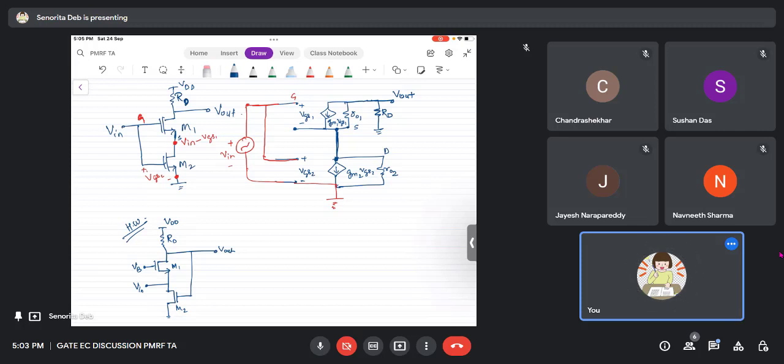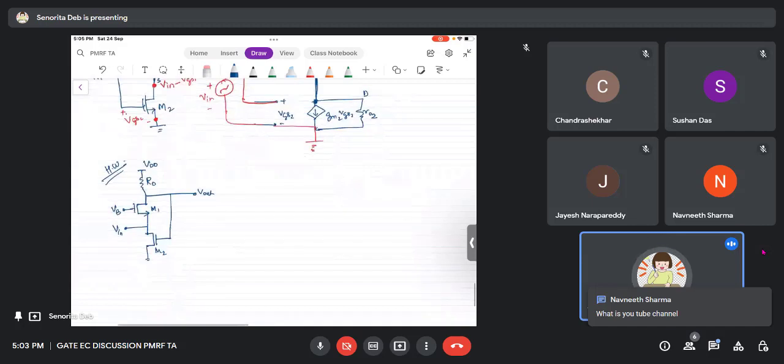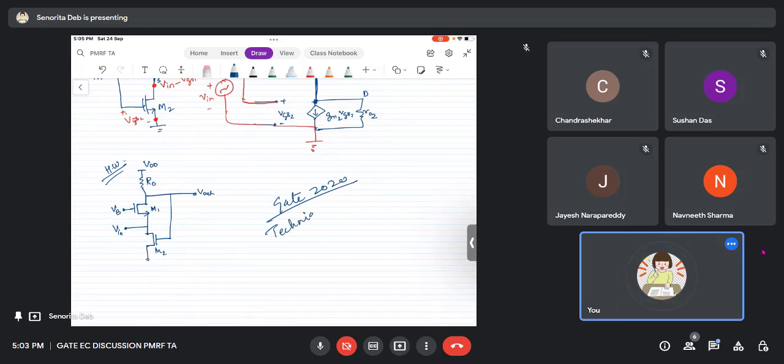So, is this done? Okay, then in the next class, what Chandrasekhar had asked was, I'll tell you. You can also see GATE 2020 in the technical questions.